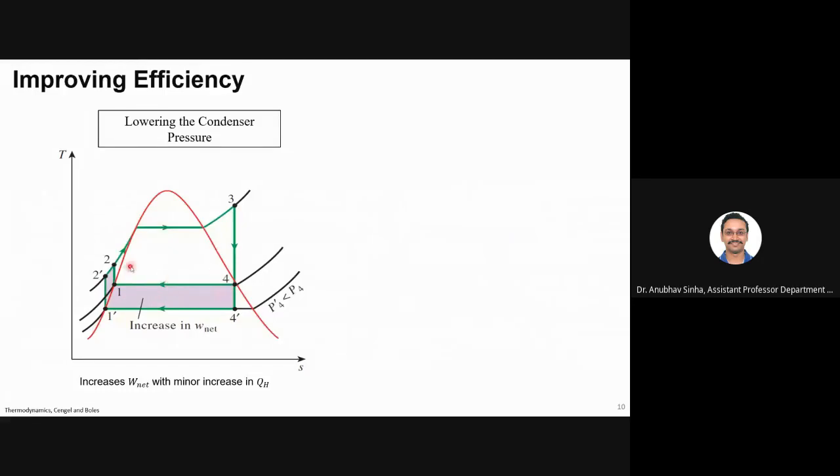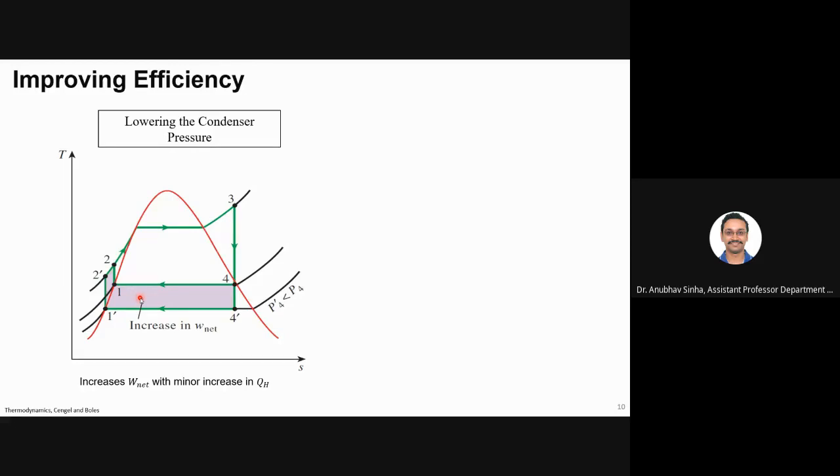So you see that work is increased, but this process is the same, right? So if this process is the same, your heat transfer QH will be the same, but work has increased. Okay, there will be a slight increase in QH, corresponding to this particular line. But overall, you will see that the efficiency has improved.